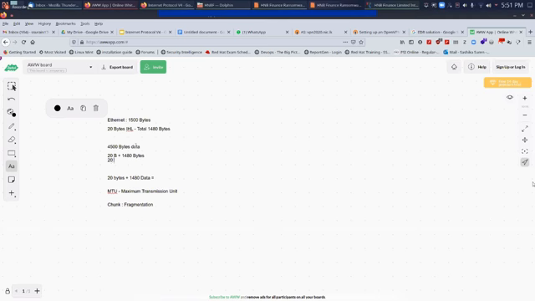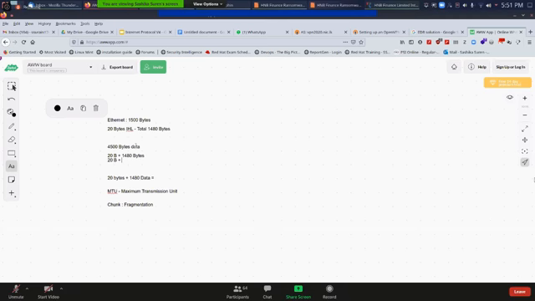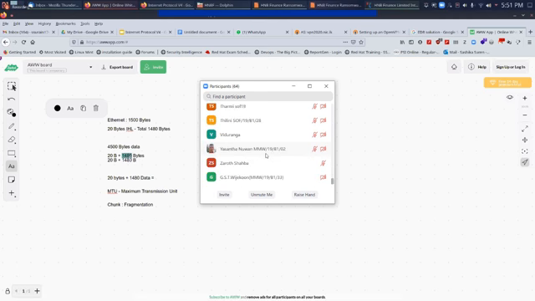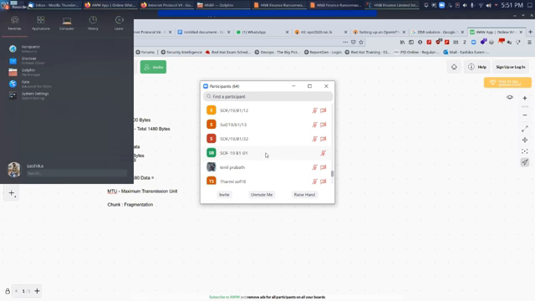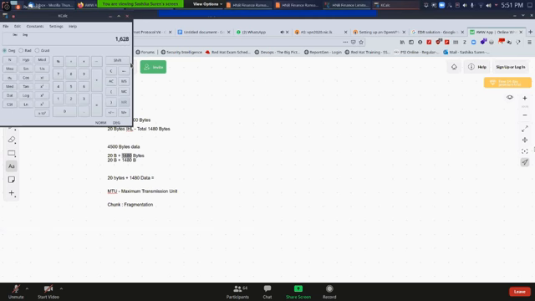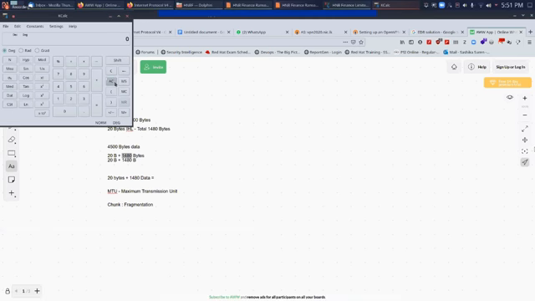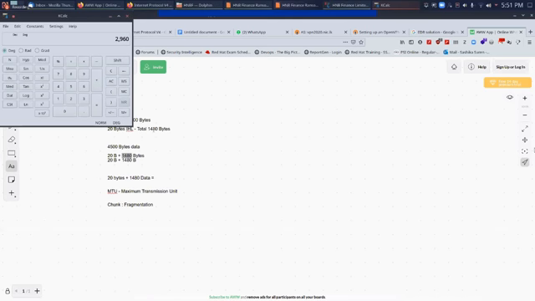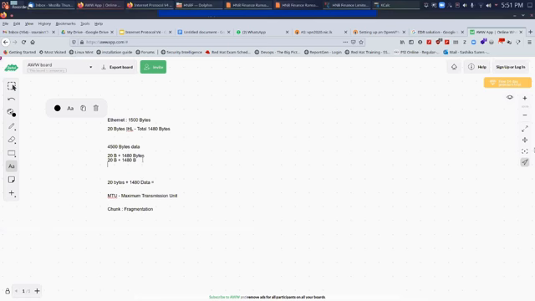Then in the next data packet, the next IP header is included, 20 bytes plus 1480 bytes of data. Let's do the calculation here. 1480 plus 1480, so you will see it has already consumed 2960 bytes of the data.